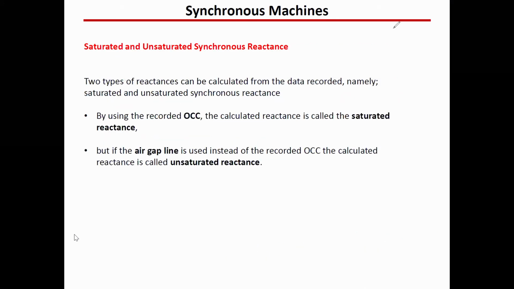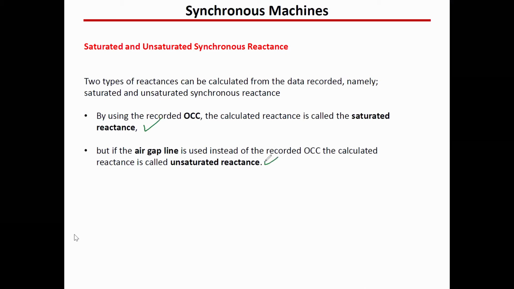Just to explain also the value that we get from the OCC, or the value that we get from what we call the air gap line. The recorded value of the reactance that we get from the OCC is called the saturated reactance. The value that we get from the air gap line is called the unsaturated reactance.